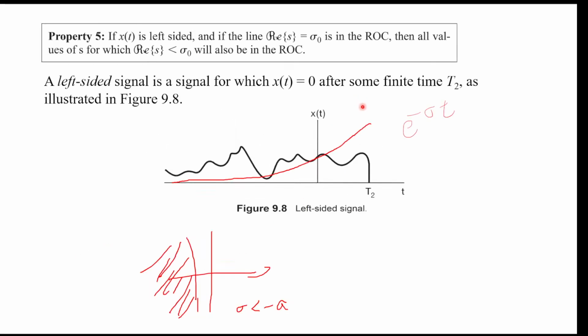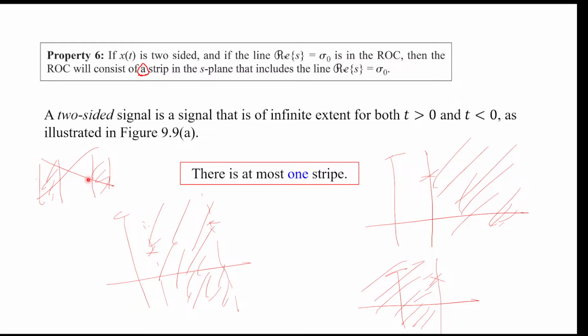So you have exponential decay with sigma 0 toward negative infinity, and if you have a more negative sigma 0, you will decay toward the left infinity even faster.